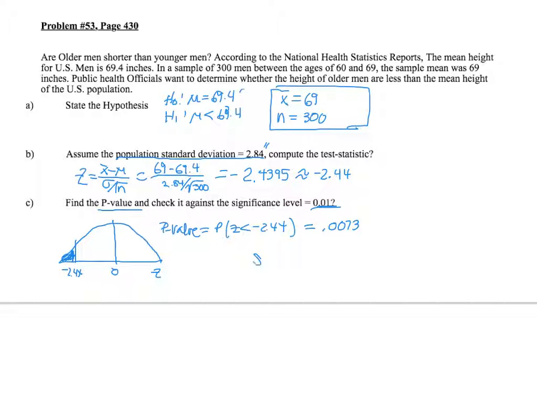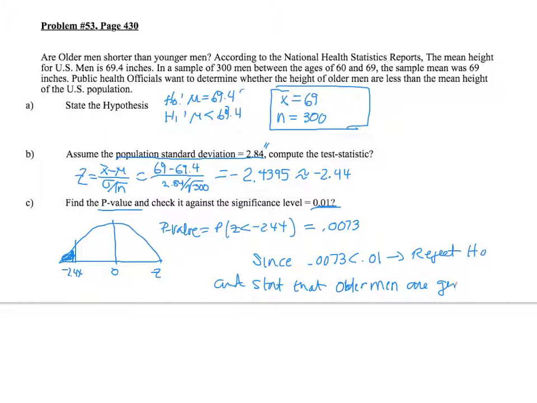So since 0.0073 is less than 0.01, we reject H naught and state that older men are generally shorter.